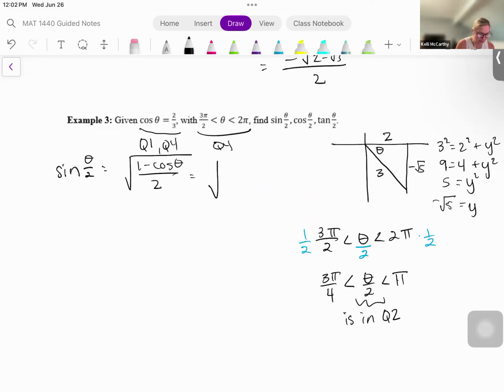So positive square root of 1 minus cosine theta over 2, or the square root of 1 minus cosine of theta, looking at my triangle, is 2/3 divided by 2.